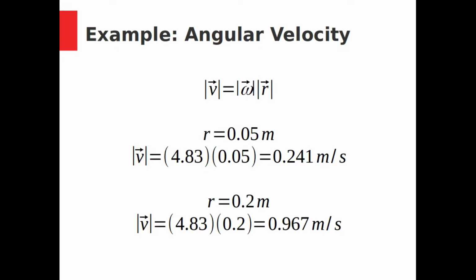So for the innermost sticker, located 0.05 meters from the center, given that its angular velocity was 4.83 radians per second, the size of its linear velocity is 0.241 meters per second. And for the outermost sticker, located 0.2 meters from the center, the size of its linear velocity is 0.967 meters per second.